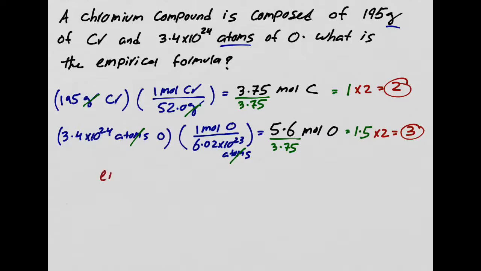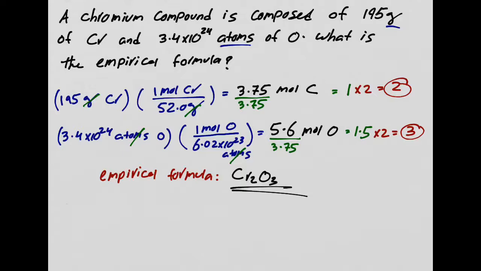So, what is my empirical formula? My empirical formula would be Cr2O3. Hold on, CrO3 looked a little weird, so Cr2O3 is my empirical formula.